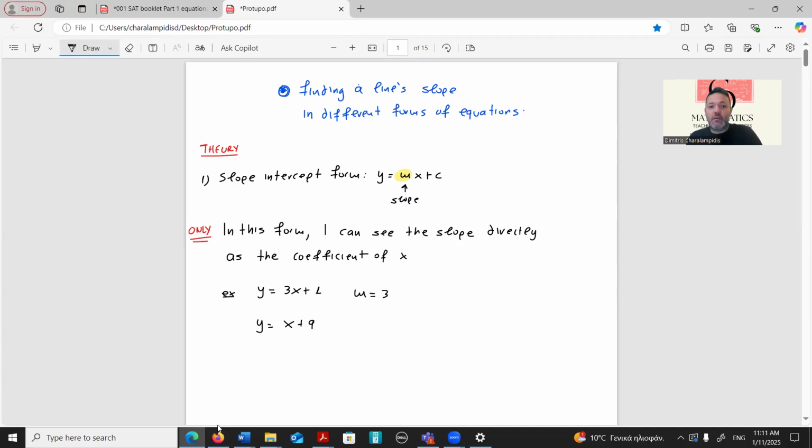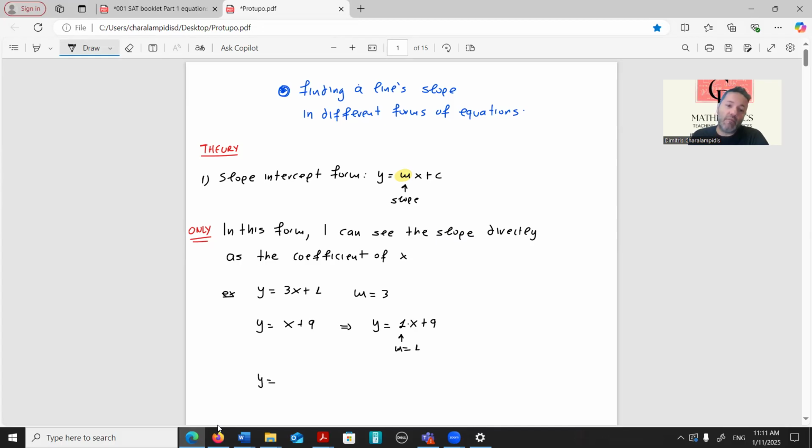Now, some might say, hold on, there's no number in front of x, but they would be wrong. Yes, there is a number in front of x. It's just that it's the number 1, and since 1 times x is x, we simply did not write that. So I'm going to write that this is the same as 1 times x plus 9, which means that this here is the slope.